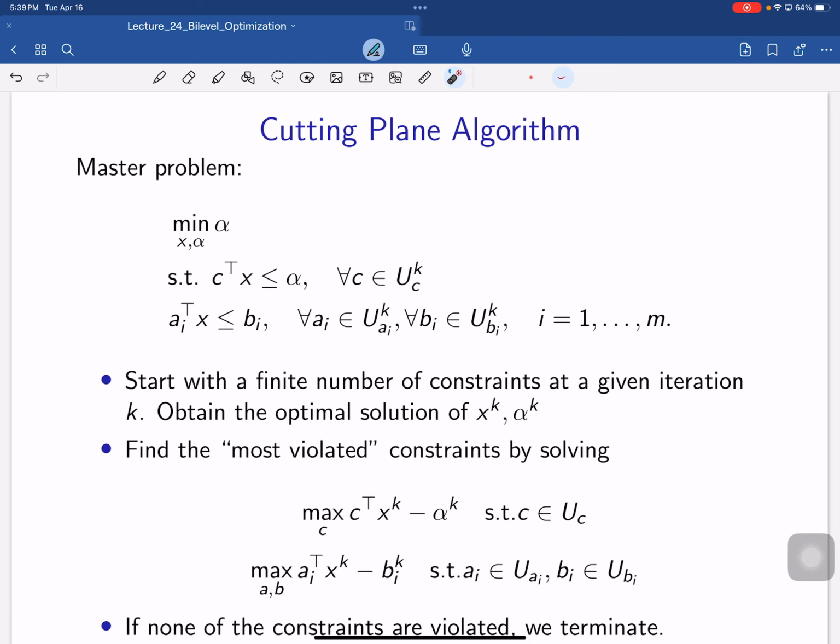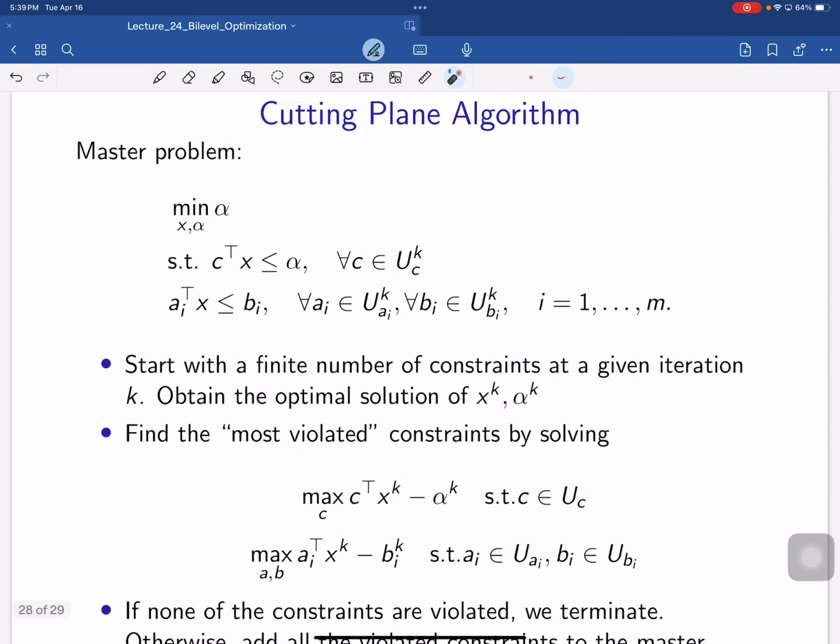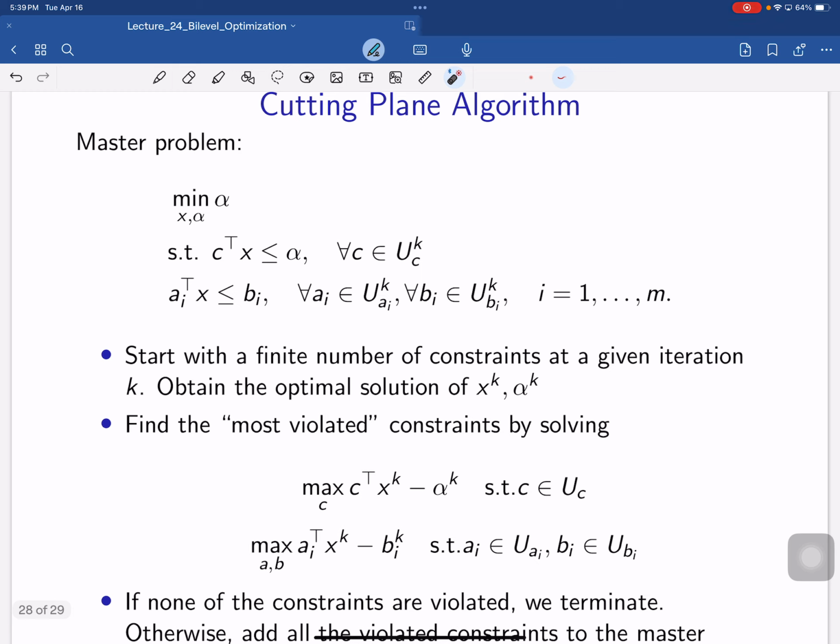Now the next step is we find the most violated constraints for x^k and alpha^k. How do we do that? You can just solve a simple optimization problem. For example, let's check the constraint c transpose x less than or equal to alpha.